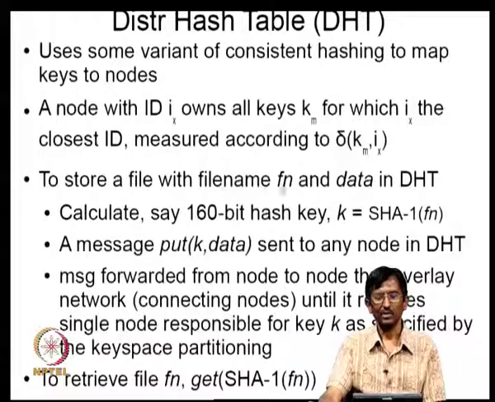For example, if you want to store a file with file name fn and data in a DHT, you first hash the file name using some hashing function. The one people often use is SHA-1 because it has very good collision resistant properties.